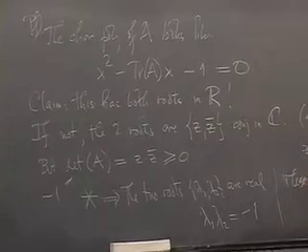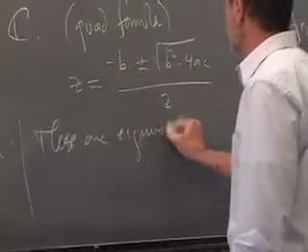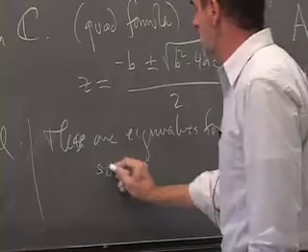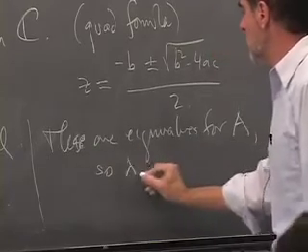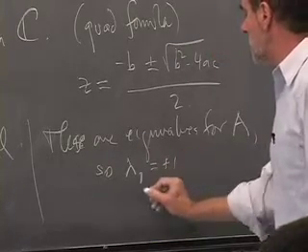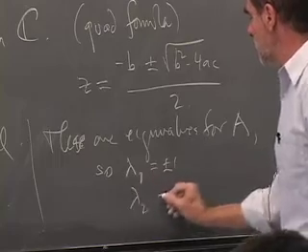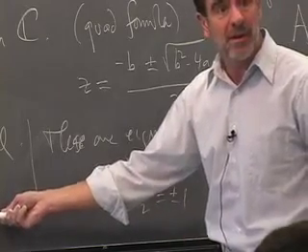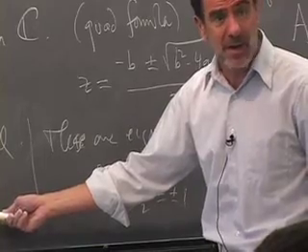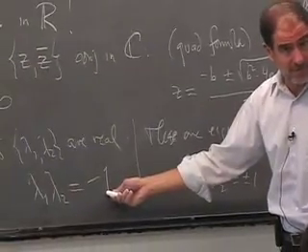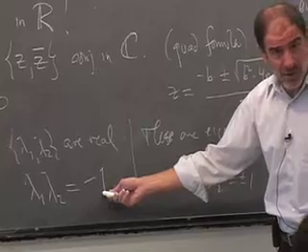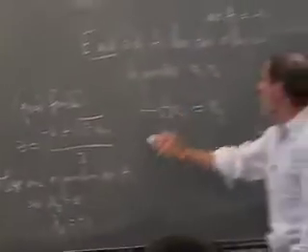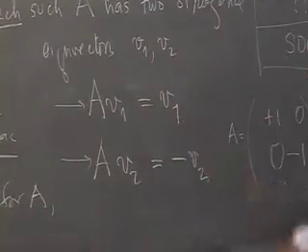These are eigenvalues for A. So lambda 1 is equal to plus or minus 1, and lambda 2 is equal to plus or minus 1. On the other hand, their product is minus 1. So one of the roots must be plus 1, and the other root must be minus 1. So far, so good? That gives us two eigenvectors, v1 and v2, of this sort.